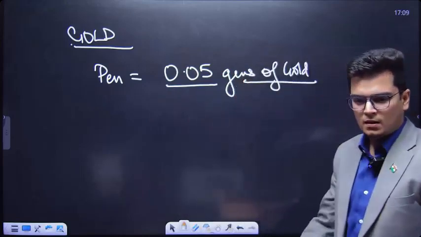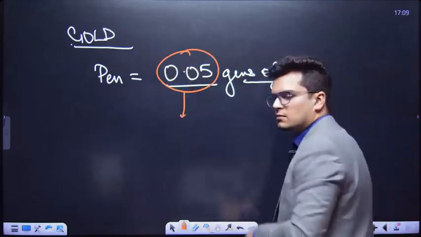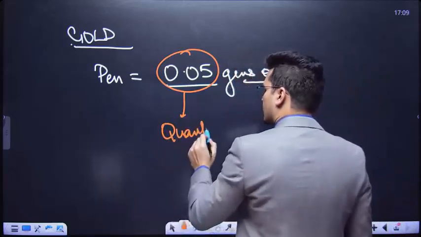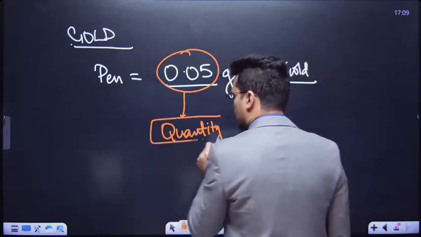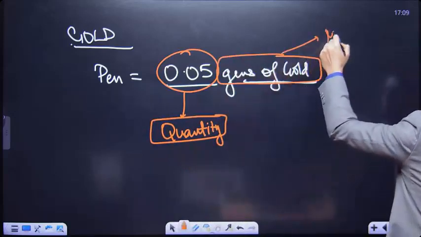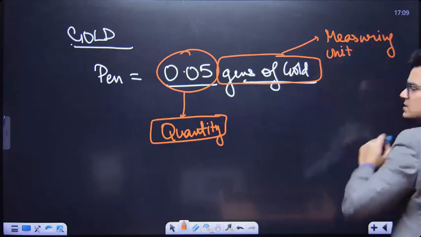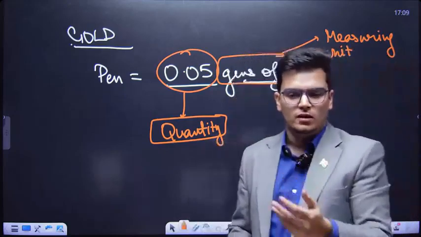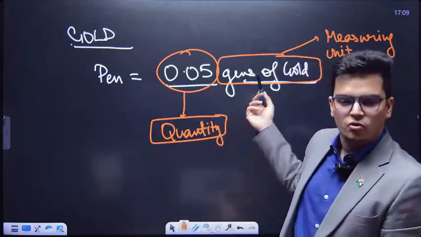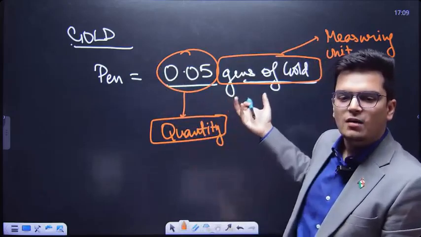Now this 0.05 is the quantity, and grams of gold is the measuring unit. I am measuring the value of this pen in grams of gold. Earlier I was measuring the value of this pen in quantity of rupees. Now I am measuring it in grams of gold.